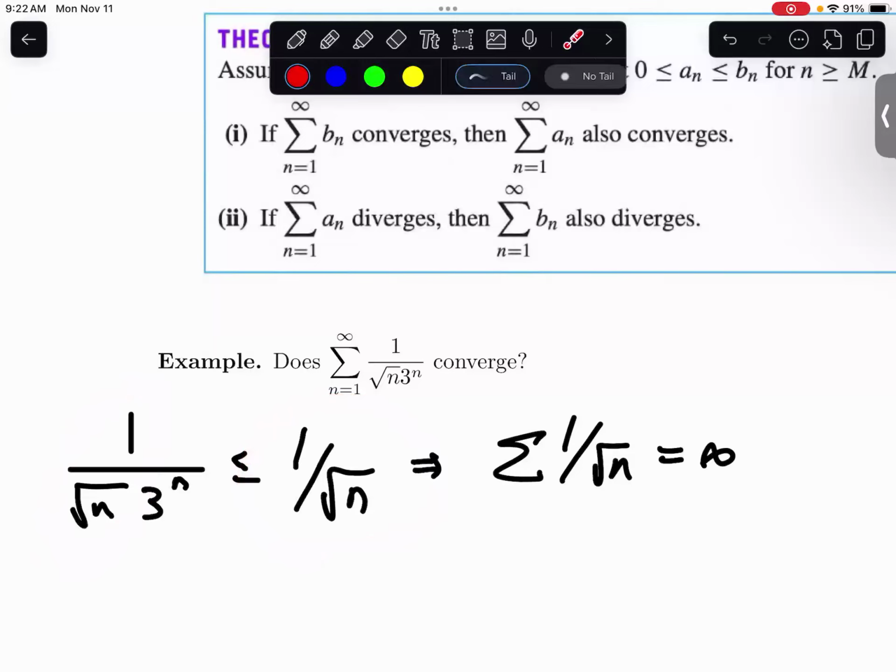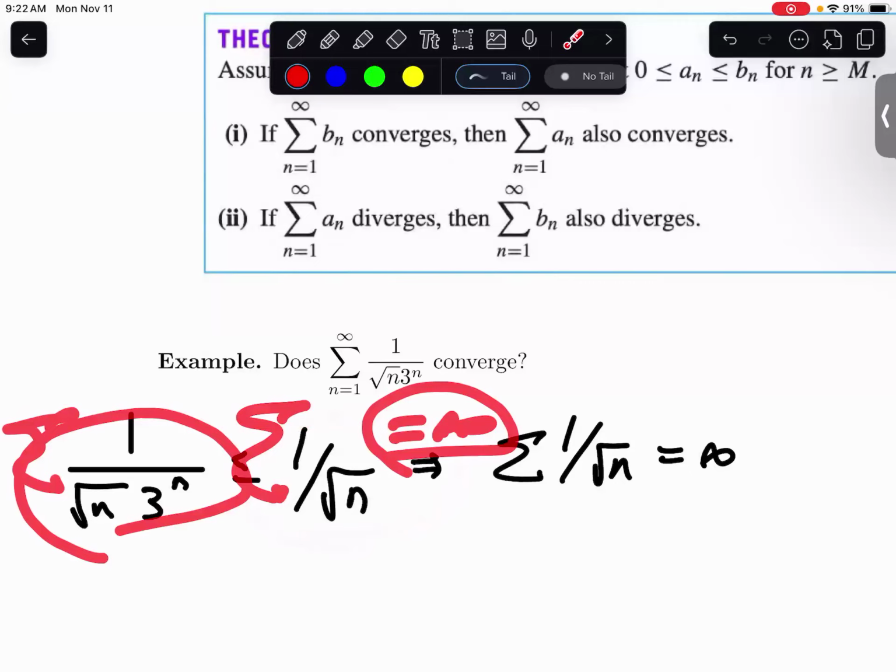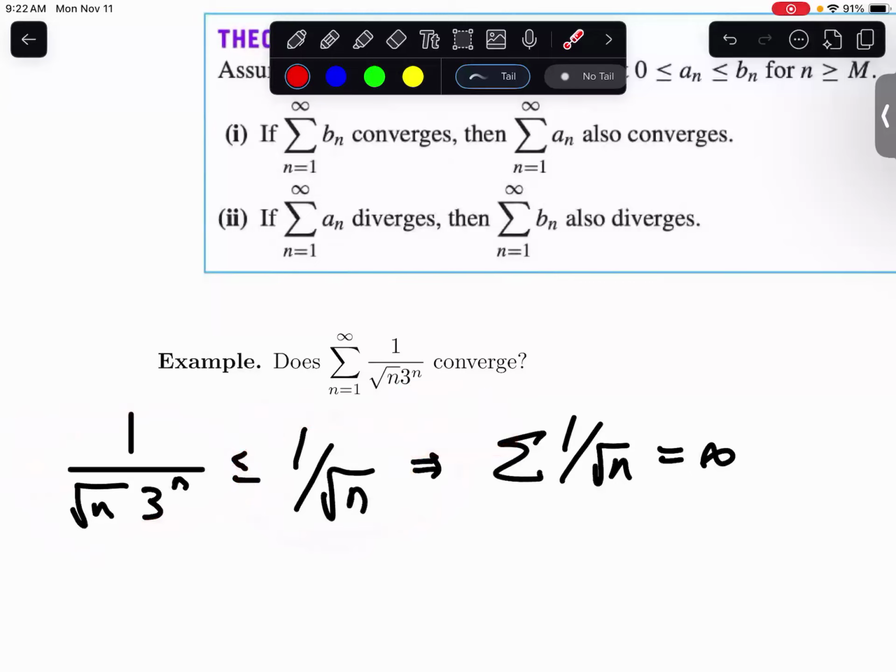And so if we chose this as our sequence, all we're saying is that the sum here is less than or equal to the sum here, but this is equal to infinity. So all we're saying is that this sum is less than or equal to infinity. That doesn't really tell you anything, right? It means it could be finite or it could be equal to infinity. So you don't want to use this one here.